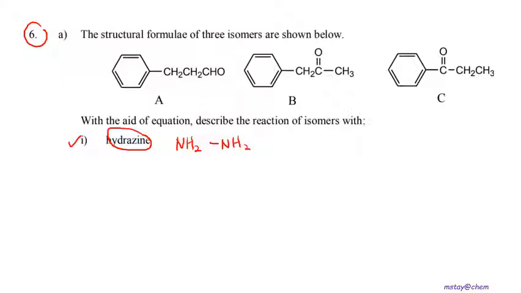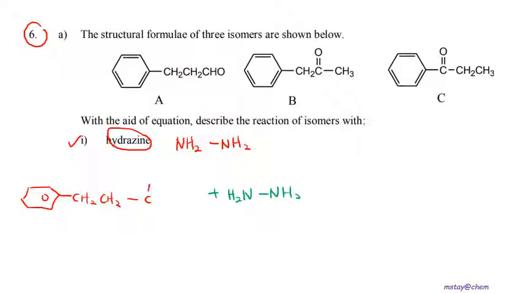So we start with structure A, which has a benzene ring attached to CH2, CH2, CHO, which means C double bond O, H. Then we take the hydrazine, H2N, and then NH2. Like I always mention, I normally change the position of the double bond O with the single bond hydrogen.